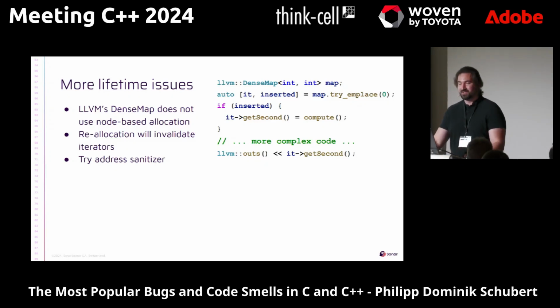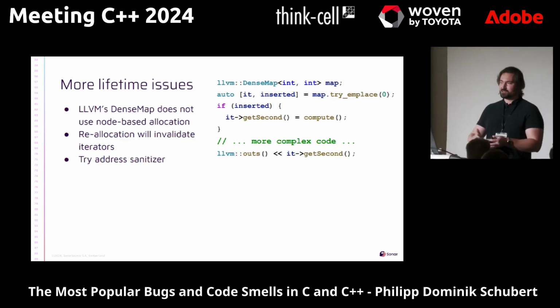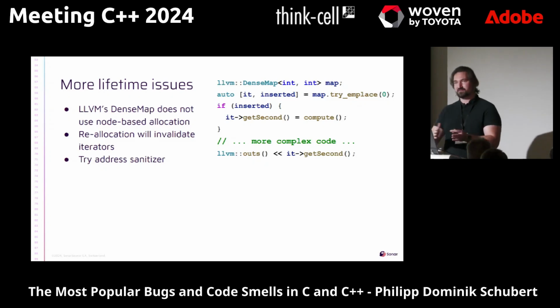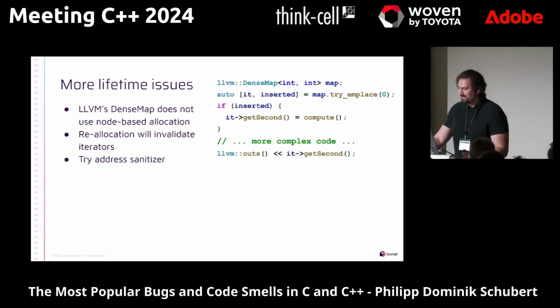I was using it, but only for some examples, because in some test cases, I just didn't put too much stuff into it, so it would be perfectly fine with the originally allocated chunk of memory. In other cases, it was not. And this is one of those things really hard to detect statically. So what I did use instead is try AddressSanitizer, and luckily it almost immediately pointed me to the issue.